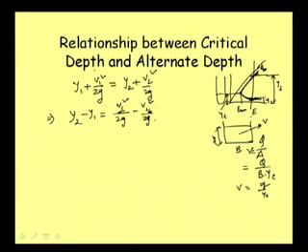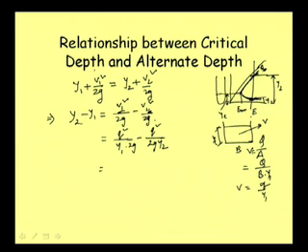So, whether it is v1 square or v2 square, we can write it in terms of q square by y1 square and q square by y2 square.